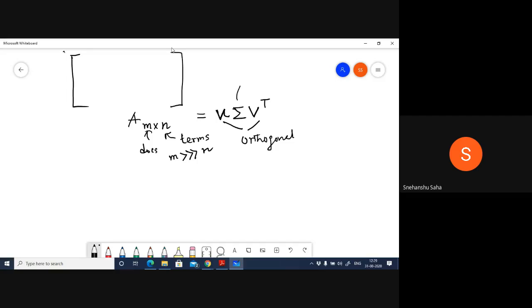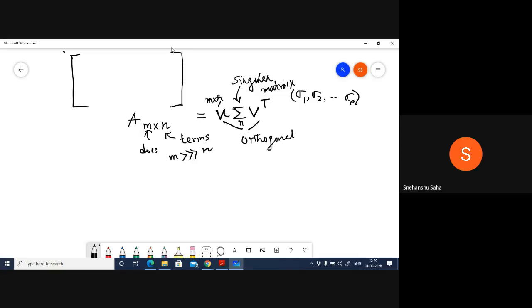And this is what is called a singular matrix. This is where you are going to store all of your singular values. So you can call this sigma 1, sigma 2, sigma r. So this one is M by R.